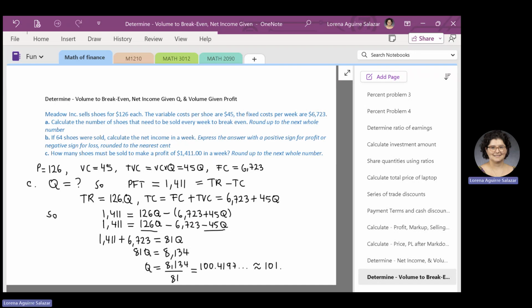Total costs come from adding fixed costs and total variable costs. Fixed costs are given and total variable costs correspond to variable costs times the number of units sold. For each part of this problem, we either had to solve for Q or we found the net revenue or net profit.